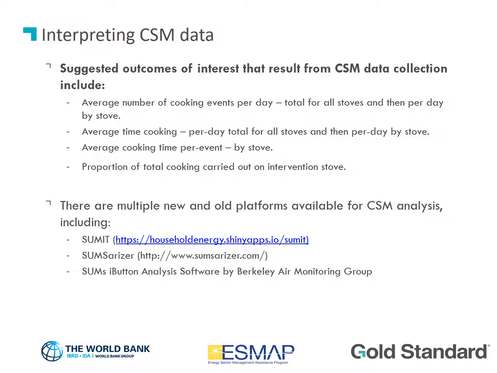There are a lot of new technologies available for sensor analysis, including Summit, which is free and online, Summaries, which is also free and online, and Sum's iButton analysis software, which is provided by Berkeley Air Monitoring Group.